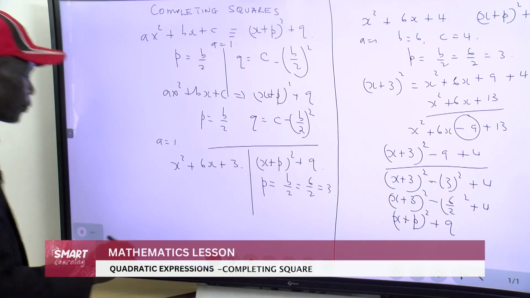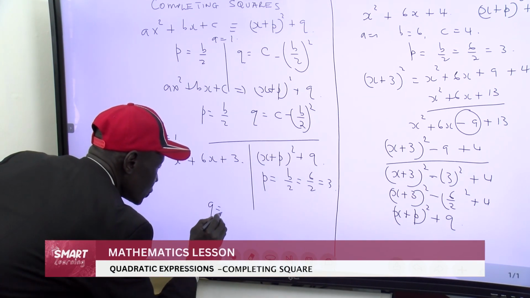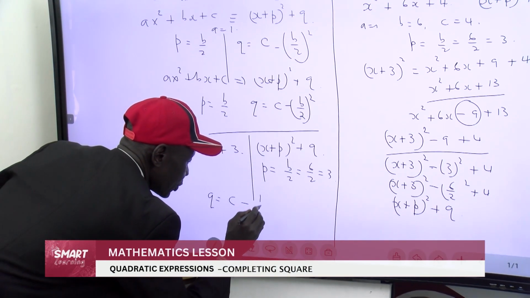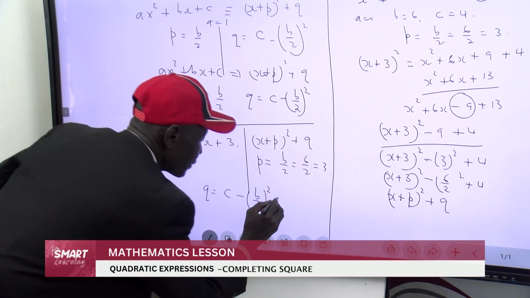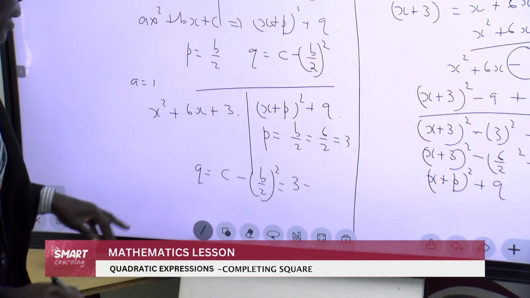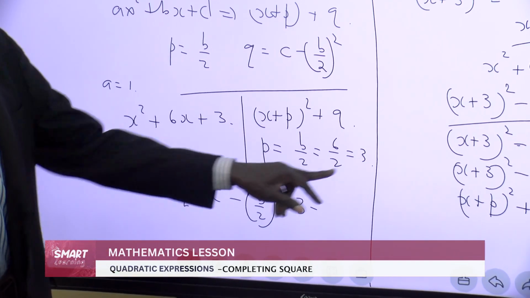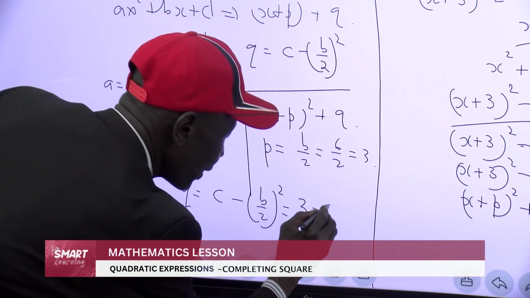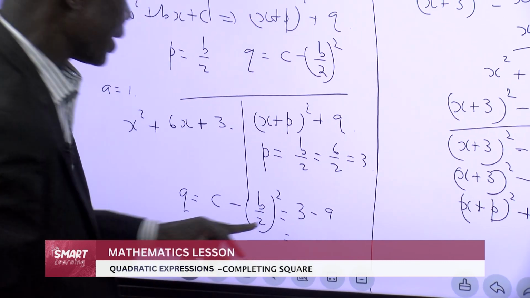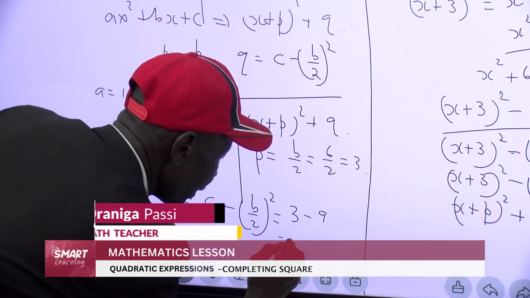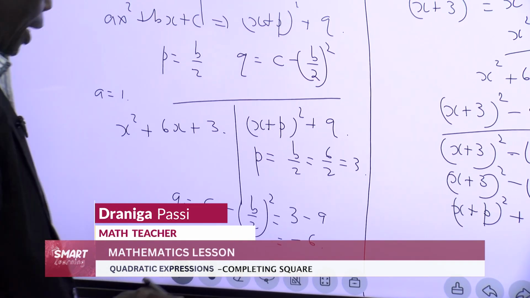And my q is equal to c minus b over 2 squared, which is 3 minus, now b over 2 is 3, so squared will be 9. So 3 minus 9 will be negative 6.